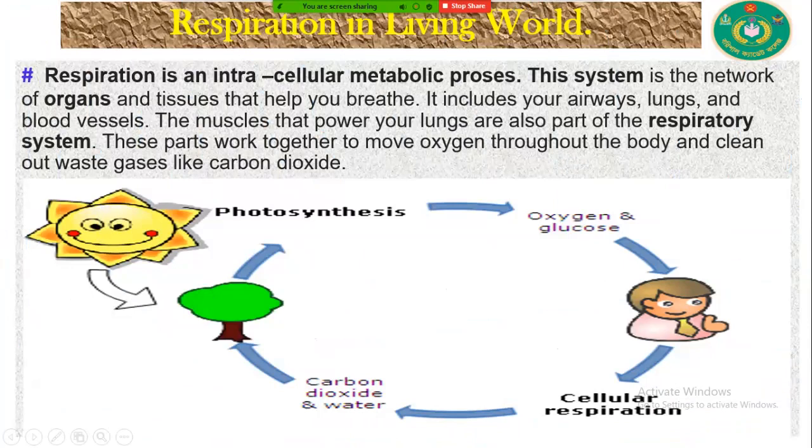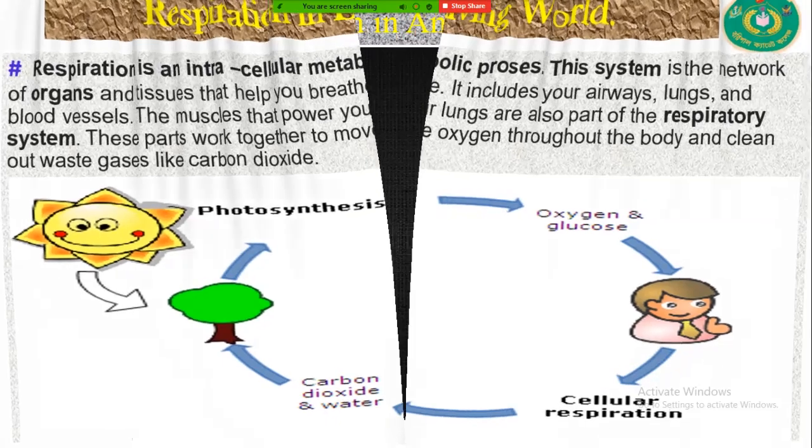It includes your airways, lungs, and blood vessels. The muscles that power your lungs are also part of the respiratory system. These parts work together to move oxygen throughout the body and clean out the carbon dioxide. Okay, boys.